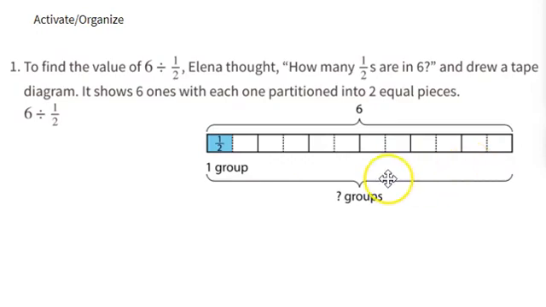Why does that work? Why is she correct in thinking this? Well, because this is saying if you take 6 and divide it up into groups of 1/2, how many 1/2 groups are you going to make? 12, right? Because you're going to get 2 1/2s in 1 whole. 6 of those would make 12.